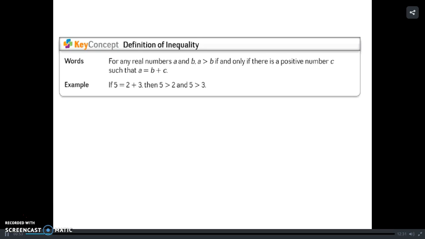Then the second thing that you need to know is that you can only have an inequality like A is greater than B, where A and B are both numbers, if you could add a number to B so that it would actually be equal to A. So for example, you could have 5 is greater than 2, or you could have 5 is greater than 3, because you could say, okay, 5 is equal to 2 plus 3.